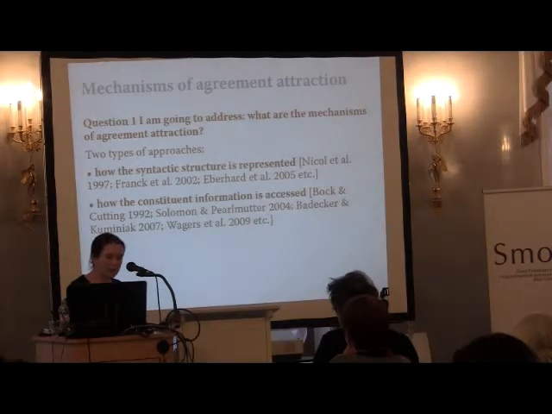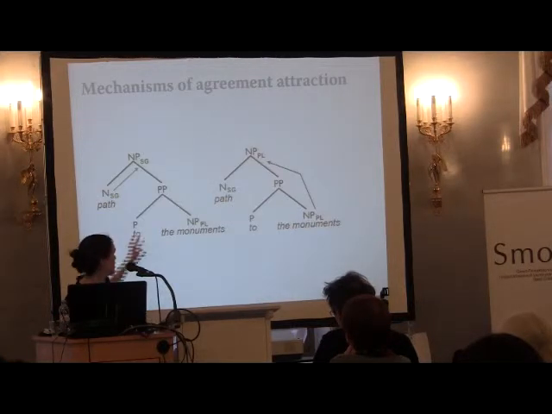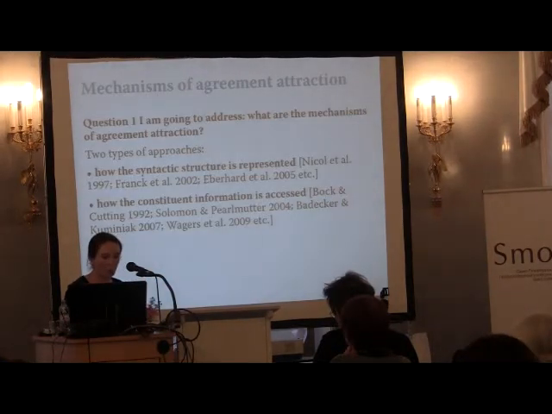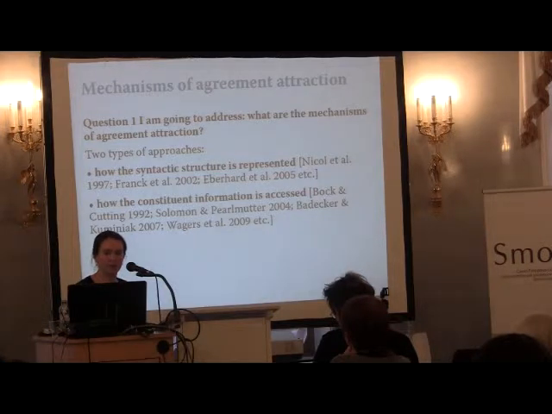And another type of approach that is less widespread so far: the proponents of this approach claim that this can never happen in natural language, so this is not the way natural language works. And they have a very different idea about how the error arises.